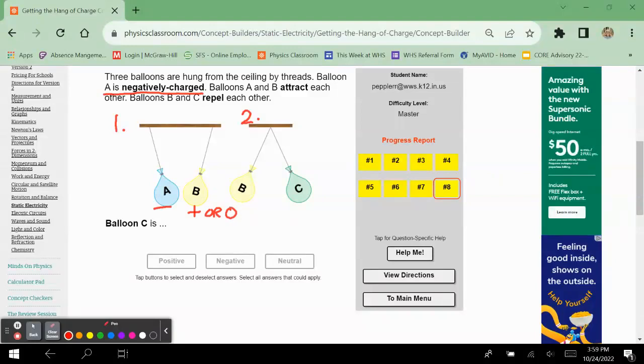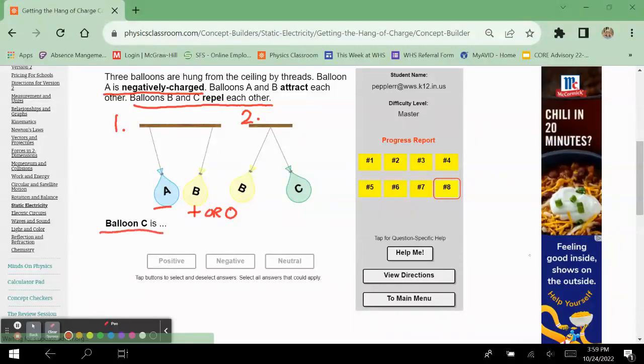Okay? Taking that into consideration for part 2, it says B and C repel each other. Okay? So B is positive or neutral. C, we're trying to figure out what balloon C is. Anything that is neutrally charged is not going to repel other things.